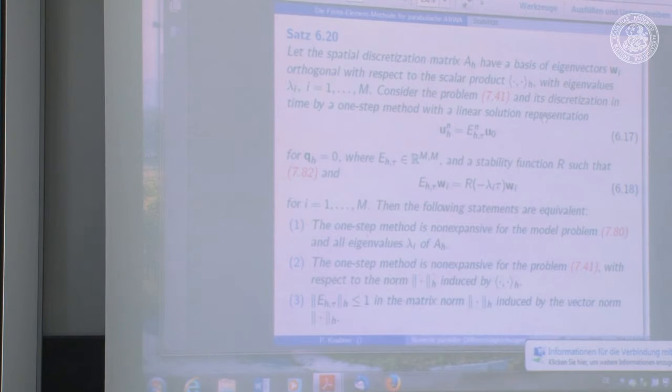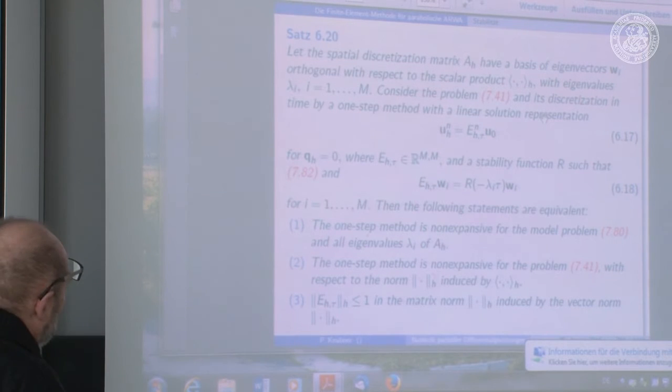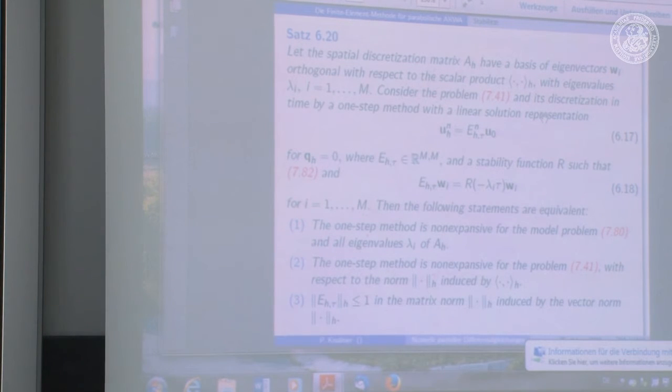So in general we say something about the discrete L2 norm, and there are specific cases where we even say something about the corresponding energy norm. So to speak, the real norm from the finite element problem. So that is the second assertion.